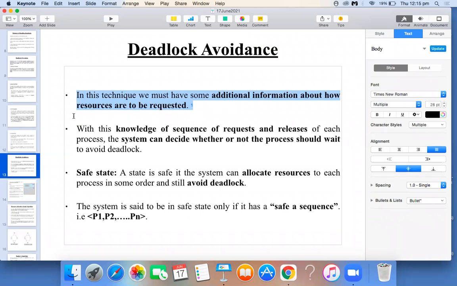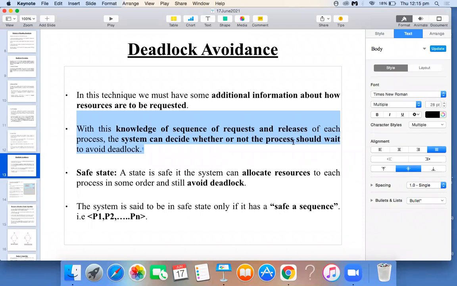Okay, right. Next one. The second point is, with this knowledge of how the requests are generated by the process and how the process will release the resources, the sequence of requesting and the sequence of releasing the resources, the system will decide whether to grant the resources to the process or not. So the system can decide whether the process will wait or will not wait.